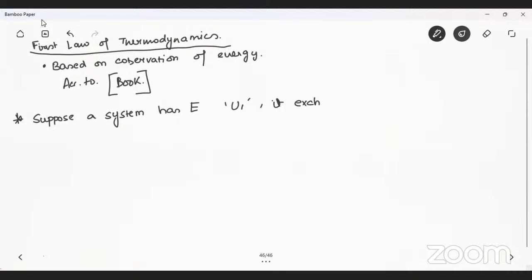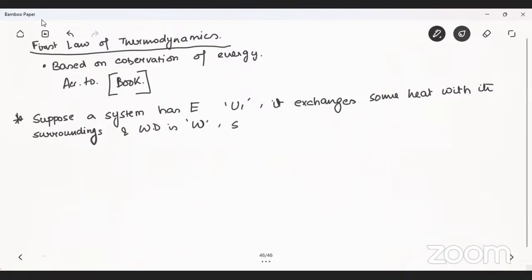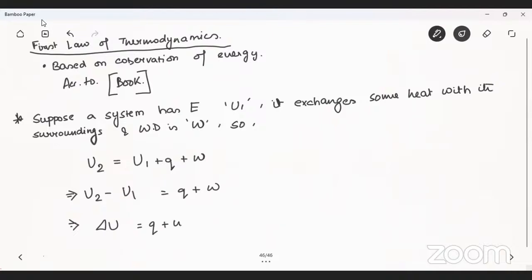It exchanges some heat Q with its surroundings, and work done is W. According to the first law of thermodynamics, U2, that is the final, will be U1 plus Q plus W. So U2 minus U1 will be Q plus W. So delta U is equal to Q plus W.